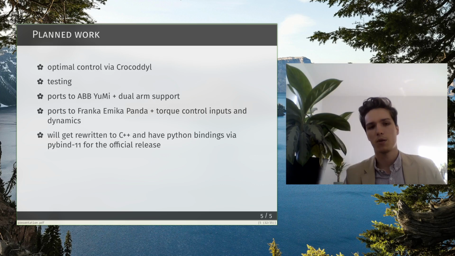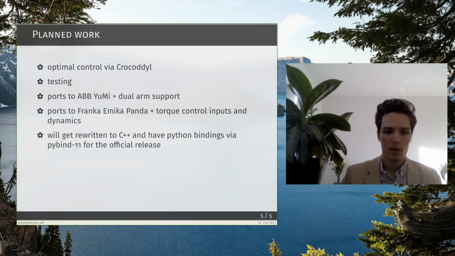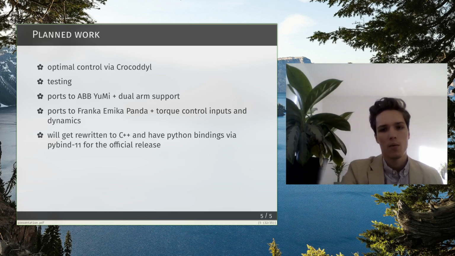But at some point, once it gets a bit more mature, it will be rewritten in C++, and the bindings will be provided via PyBind11. The libraries that it relies on currently are, of course, written in C++, and they themselves have Python bindings, but it would be nice to have the library as well follow this paradigm. And I do hope to officially release it in some capacity once this has been done.